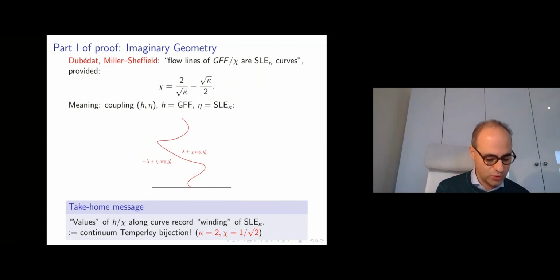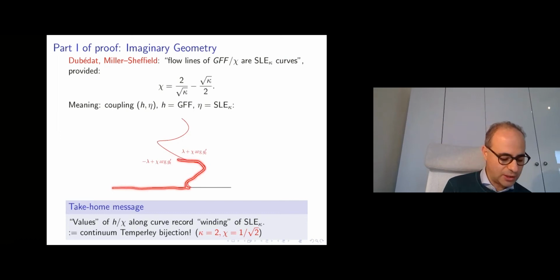Lambda is a certain constant whose value you should ignore. You should pretend lambda is equal to 0. And the boundary conditions are minus lambda plus chi times the argument of G prime.